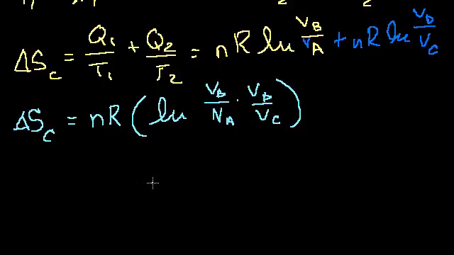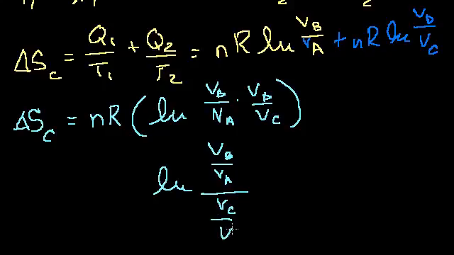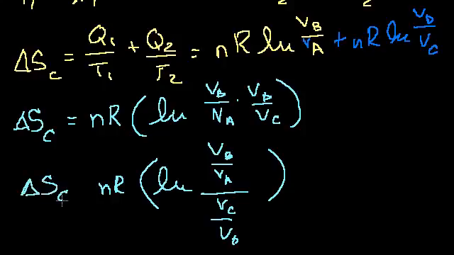So I can rewrite this as the natural log of vb over va divided by, instead of multiplying it times this, I can divide it by this reciprocal, vc over vd. So I just rewrote it. I just did a little bit of fraction math.